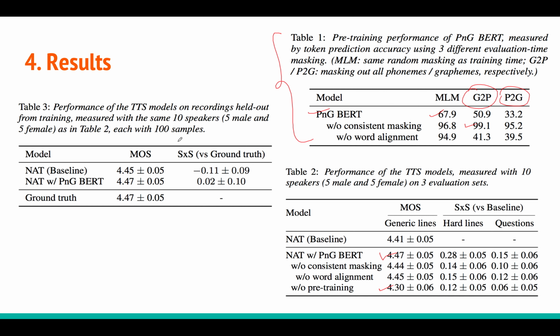In the final table you have both the side by side score and MOS score, and in the MOS score you can see that the NAT with PnG BERT performance is as good as the human MOS score, or the ground truth MOS score.